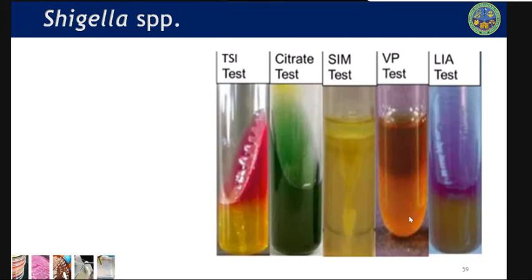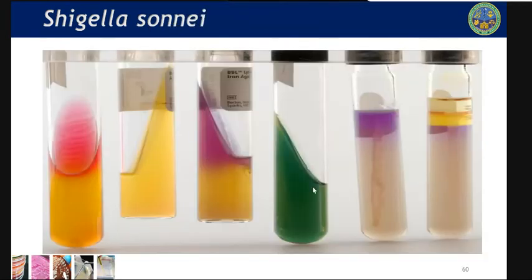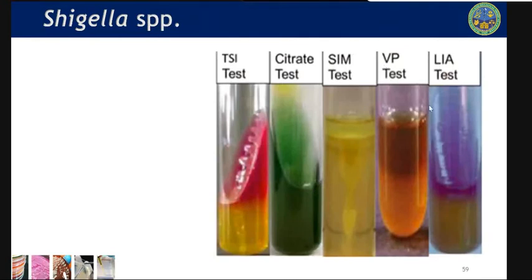VP test positive, and then you'll be having an LIA reaction of negative deamination, negative decarboxylation. As I have said a while back, for decarboxylation, there's no change in color. So this is a typical example of negative decarboxylation. From purple, it changed into yellow.